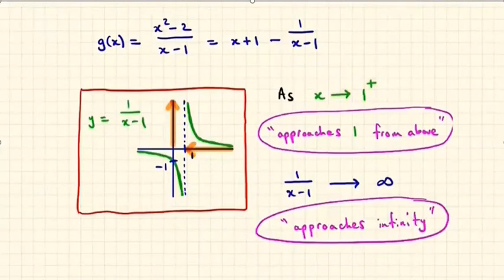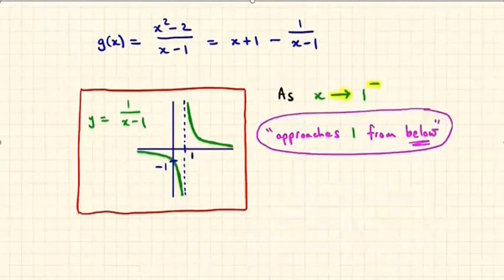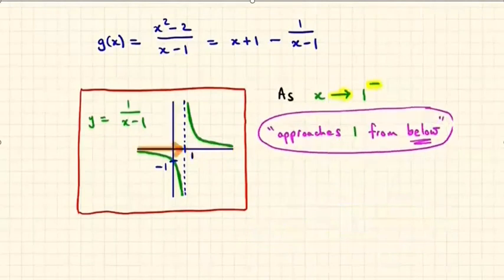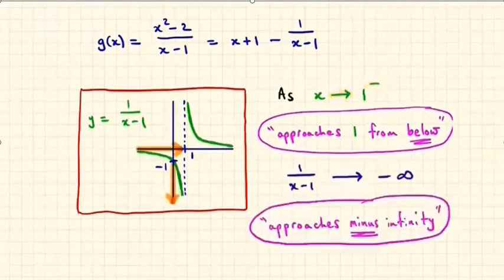As x approaches 1 from below, but this time we see 1 over x minus 1 shoots off towards minus infinity, which means getting arbitrarily large and negative.